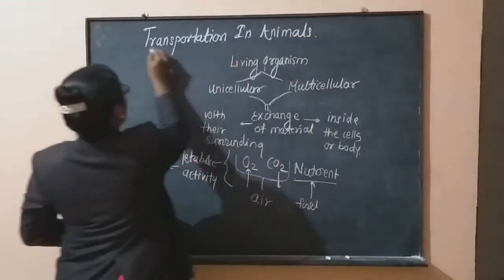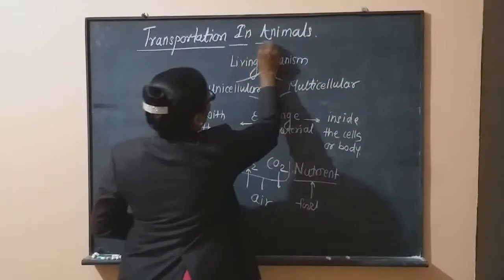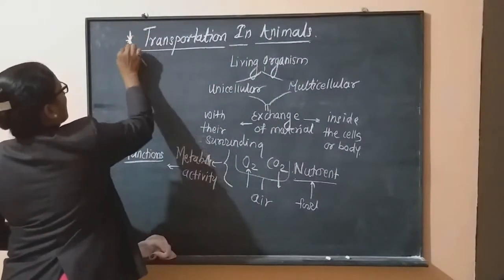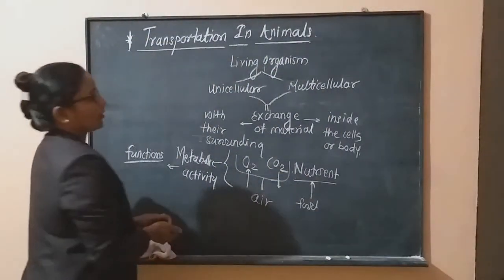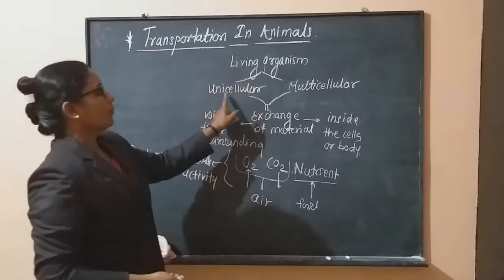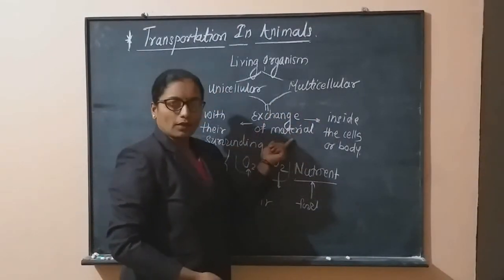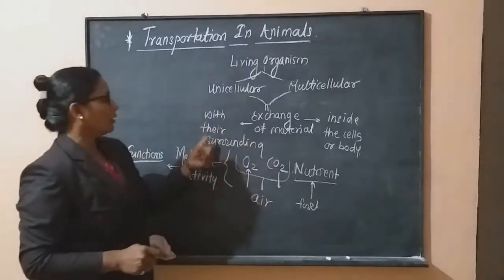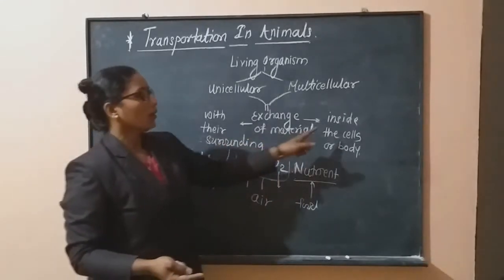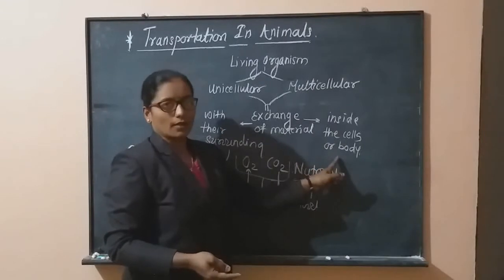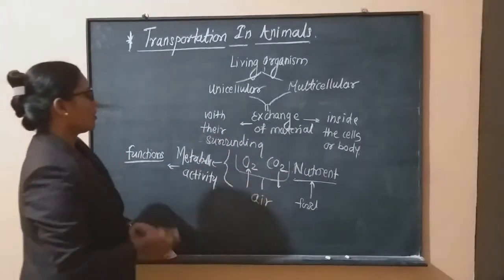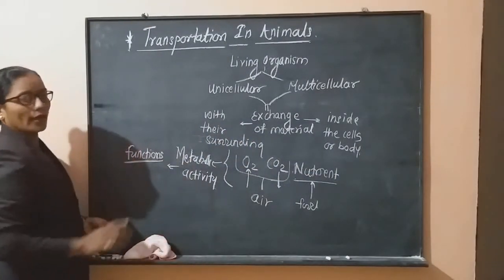This is the point given in your textbook, transportation in animal. It means living organisms, unicellular and multicellular, perform exchange of material. This exchange may be with their surrounding or it may be inside the cell. And this type of exchange is useful for the metabolic activity.